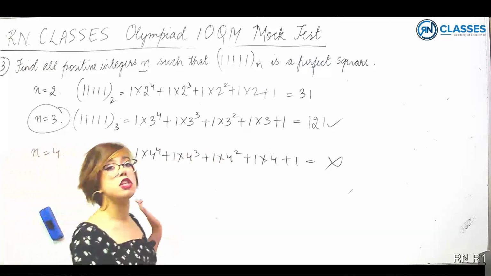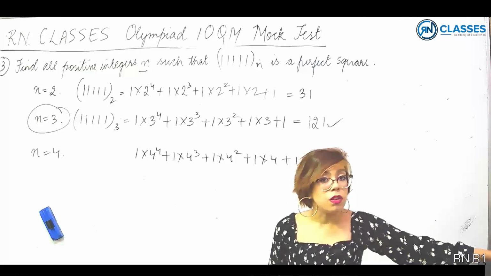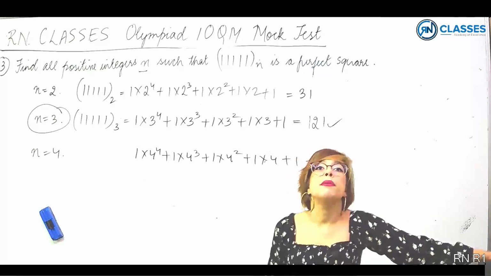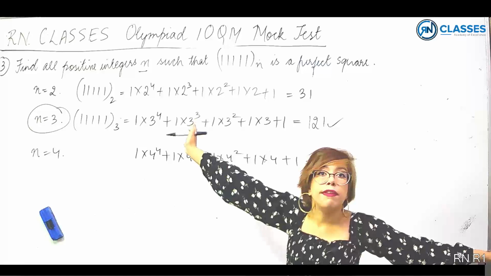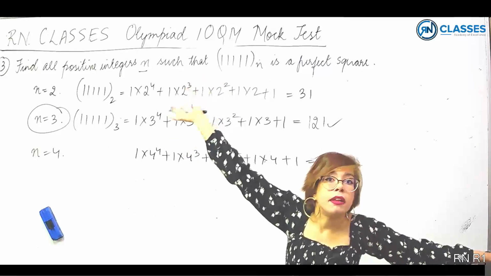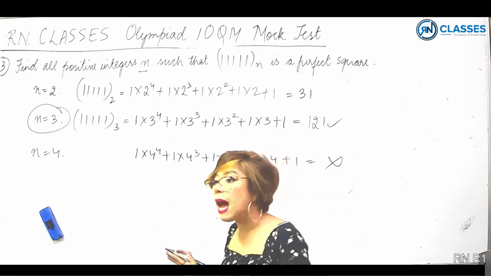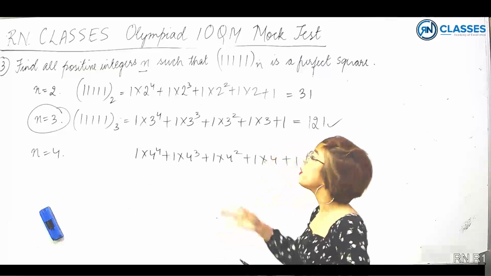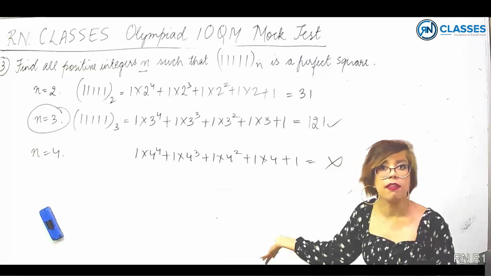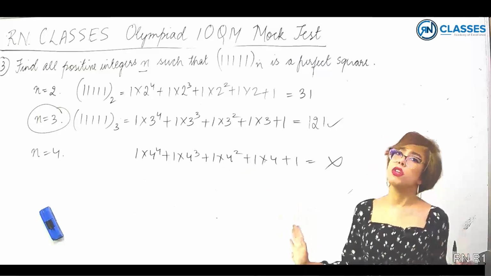Now the question is, should we just say that n is equal to 3 is the answer? No. Because you need to look at what if the perfect square comes for a base like 9,989, right? So we need to see what is happening in further numbers. Or what you can do is try the infinite cases, and if in each case there is no perfect square, then the solution is complete.